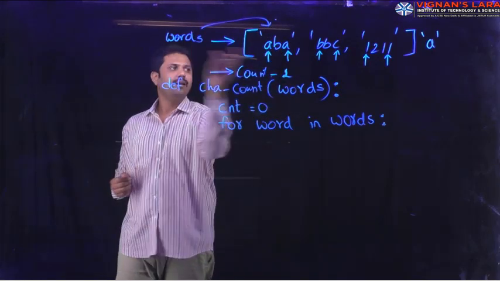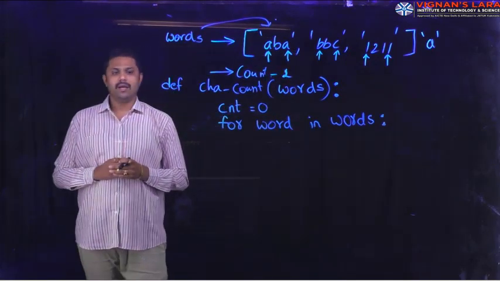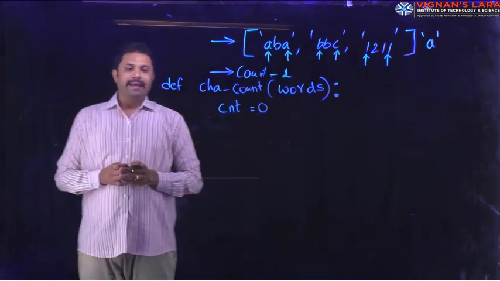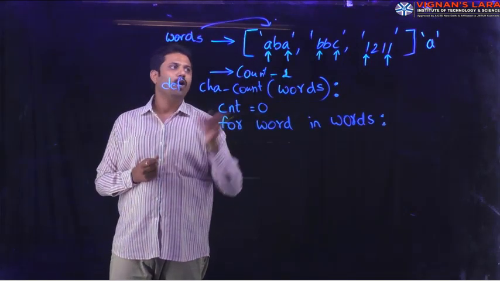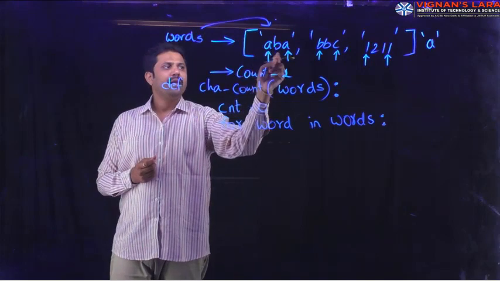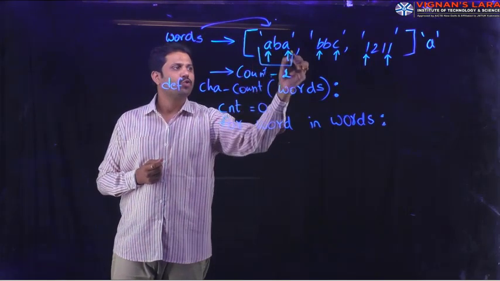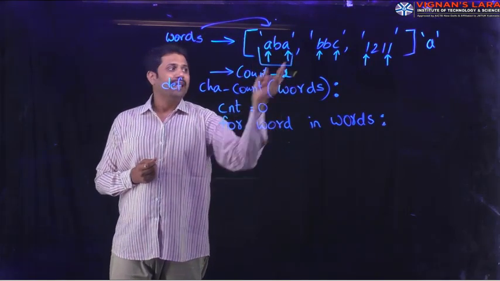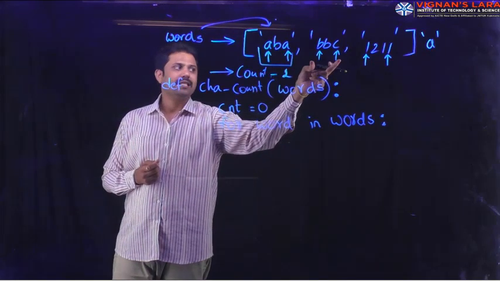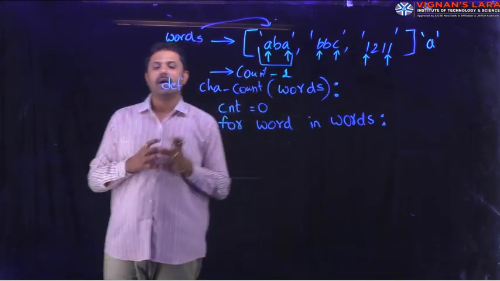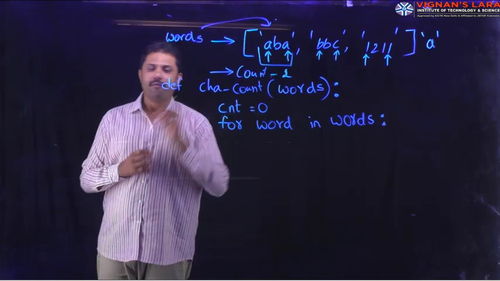Words is nothing but this list. If you use a for loop, we all know what happens. For the first iteration, the first item is going to be placed in word, for the second iteration the second item, and for the third iteration the third item is placed in word.